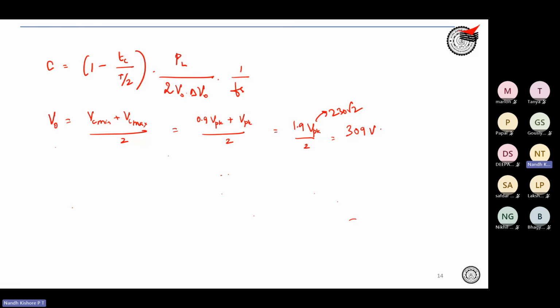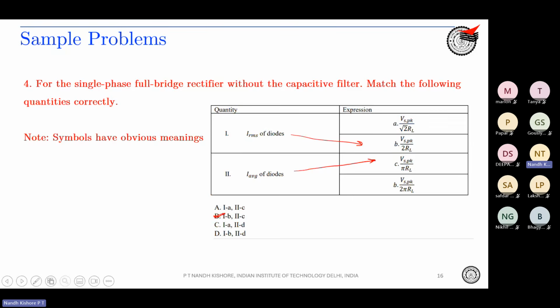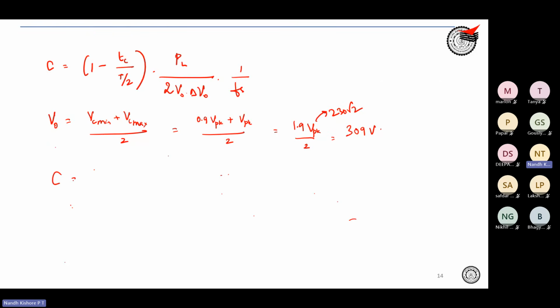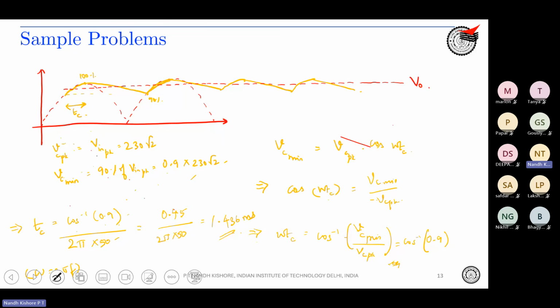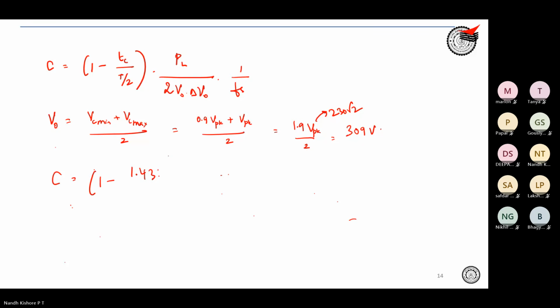All right. And you know what delta V naught is, and you know TC. So everything else is known. Your capacitance value would be 1 minus TC, which is 1.436 millisecond, and what is T by 2? Your T is 20 milliseconds, so T by 2 is 10 millisecond.